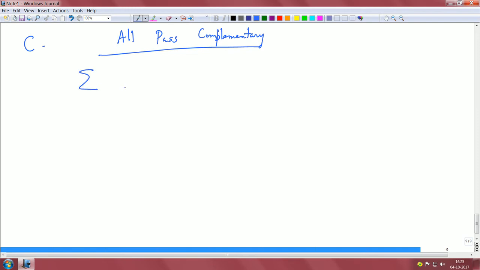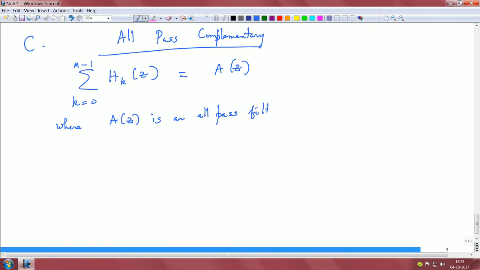So, filter responses are said to be all pass complementary if you take the summation of all the frequency responses over all the M filters, that should result in a transfer function which is essentially all pass, where A of z is an all pass filter.